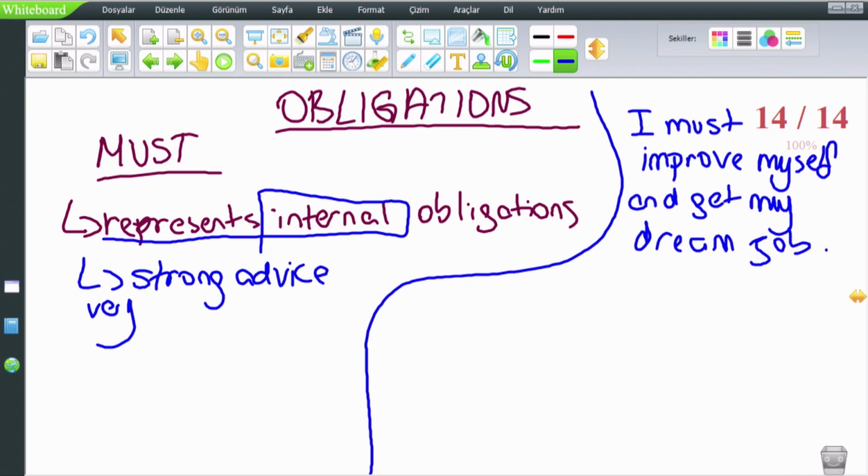So what you see here in this sentence is that this is an obligation that I made up for myself. It comes from me, and also the receiver of this obligation is me.